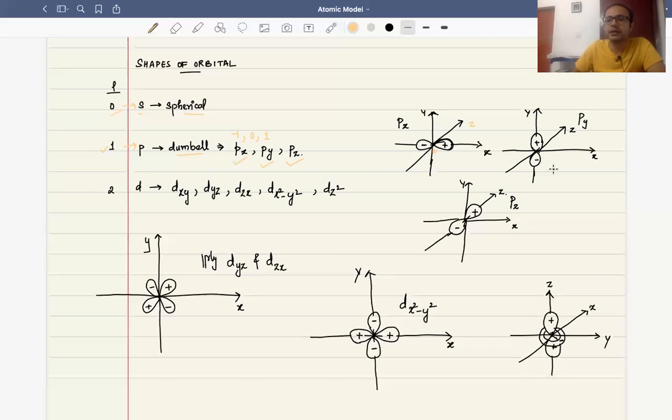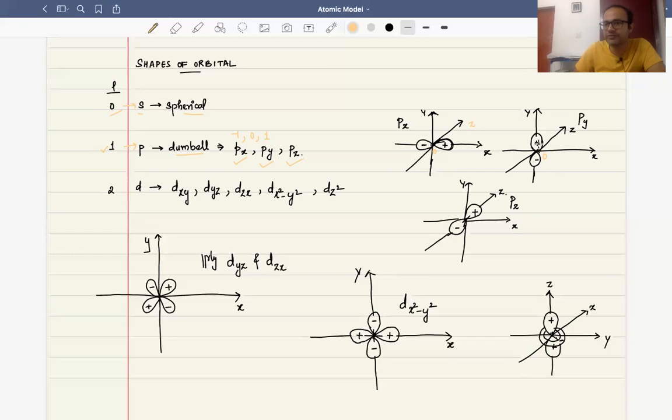Now coming to the py. Keeping the Cartesian coordinate in the same fashion, you have the x-axis, the y-axis, and the z-axis. When we are talking about py, that means this dumbbell is oriented along the y-axis. If we consider the intersection of the Cartesian coordinate to be 0, then the above part is positive and this is the negative part.